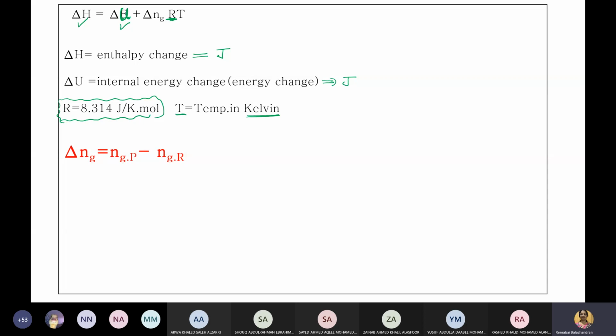That means what is delta n g? Delta n g is equal to the number of moles of gaseous products, that means products in the gaseous state, minus the number of moles of gaseous reactants. Understand?